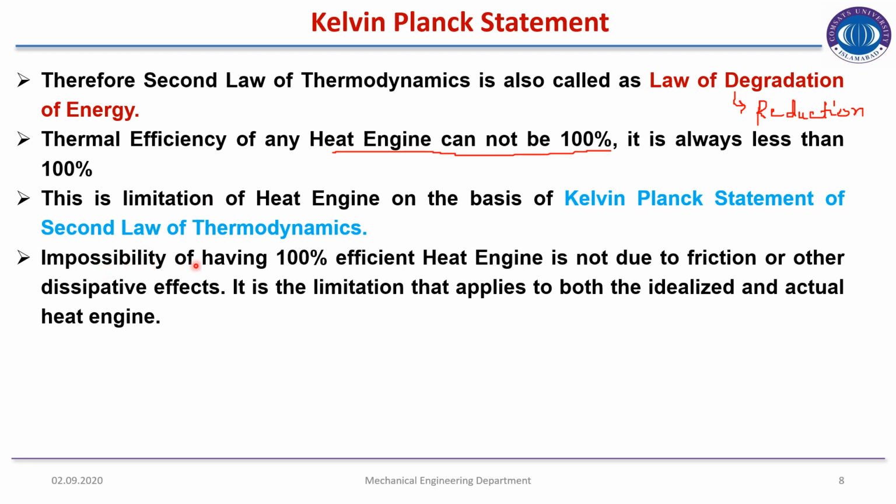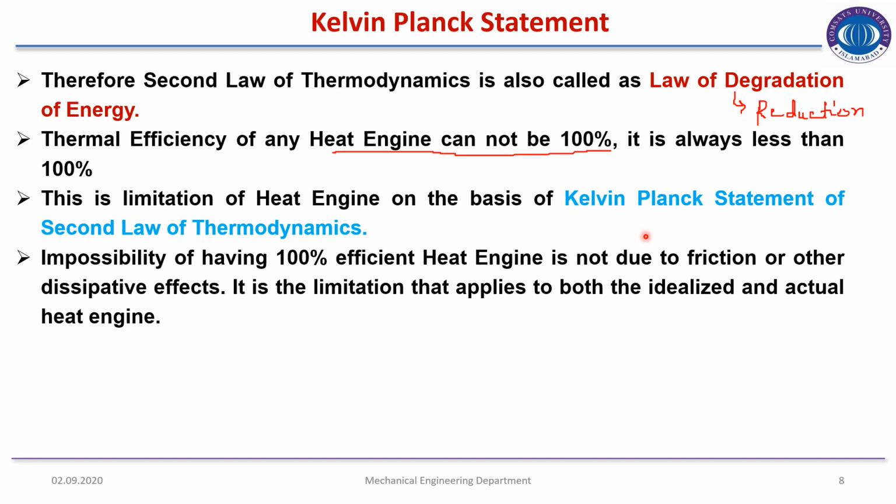The impossibility of having a 100% efficient heat engine is not due to friction or other dissipative effects. As you know, there is always friction when there is a mechanical displacement, work or motion involved.